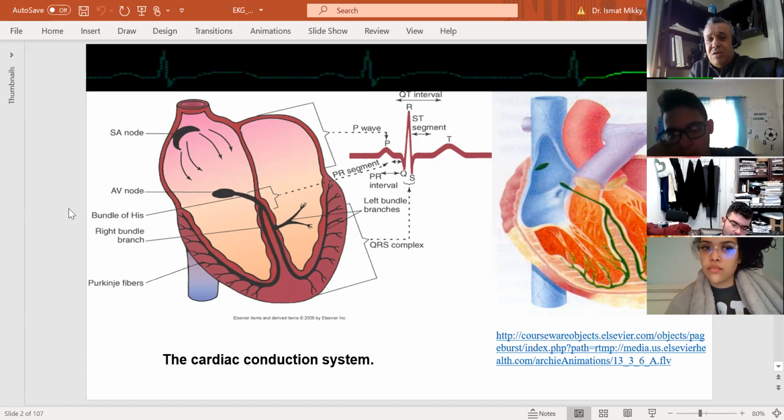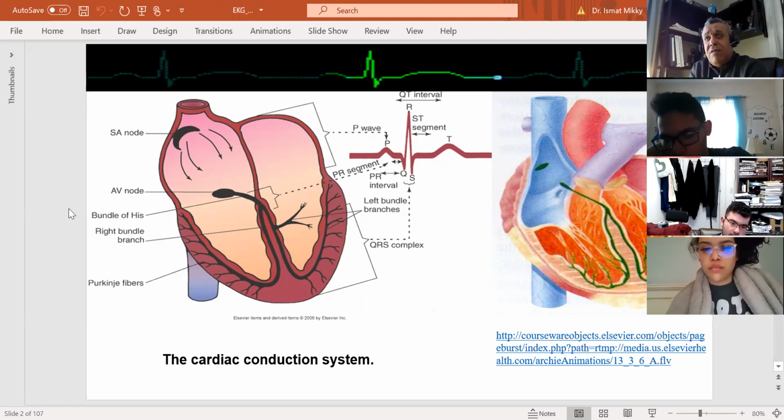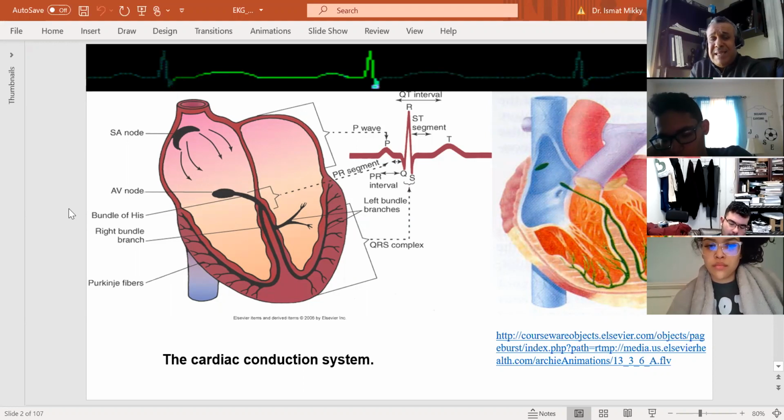You will see this terminology all the time in the cardiac units and the tele floors, NSR, which is normal sinus rhythm. So the SA node is going to fire the impulse at a certain rate, within defined normal ranges. It should be between 60 to 100.